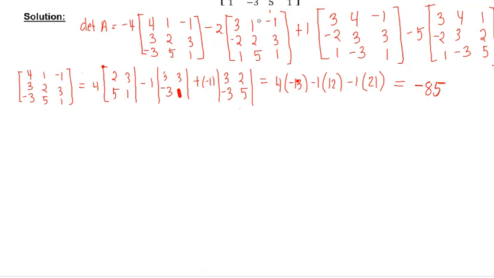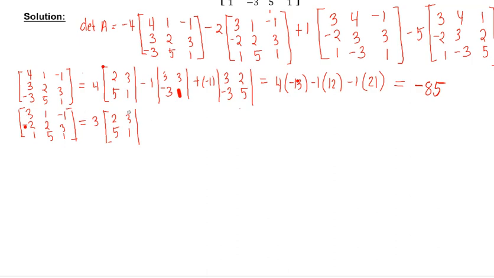Next, we have to evaluate this second 3 by 3 matrix. So we have 3, negative 2, and 1. We have 1, 2, 5. We have negative 1, 3, 1. So let's take the first row as our coefficient. So we have 3, the first coefficient, times 2, 5, 3, 1.